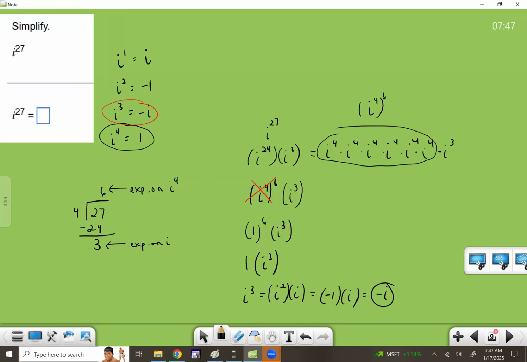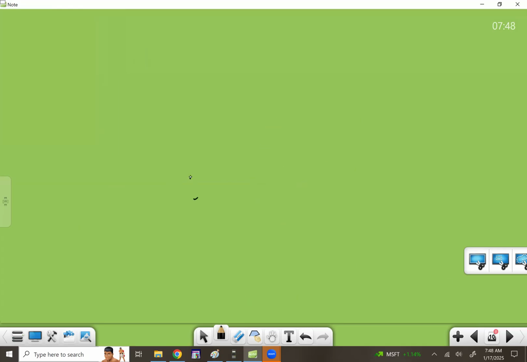If I were to practice another one real fast, let's try to expedite the process here. Let's say that we have i to the 33rd. We would say 33 divided by 4 goes in 8 times. If you really want to expedite it, you can ignore everything except for the remainder. The answer here has to be i to the first, also known as i. Look how fast that is. Why?